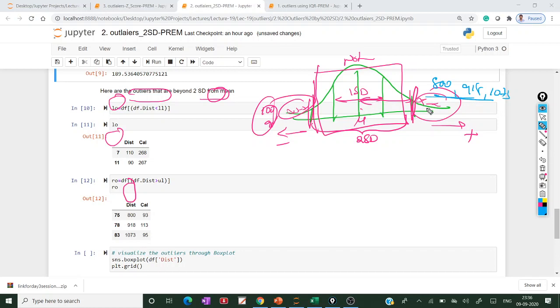Suppose you take the third standard deviation, what happens? Let's say with the third standard deviation, these values exist in this range, so at that time there are no outliers. Let's see.